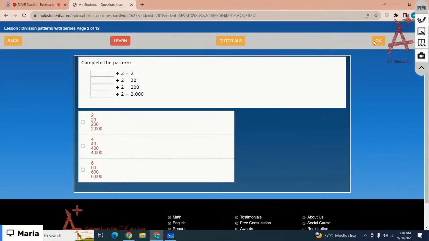The correct option is option number 2, because 4 divided by 2 is 2. So that would be the second one, not the first one. You have to find a number that when divided by 2, the answer is 2. 4 divided by 2 is 2. The correct option is the second one, right?